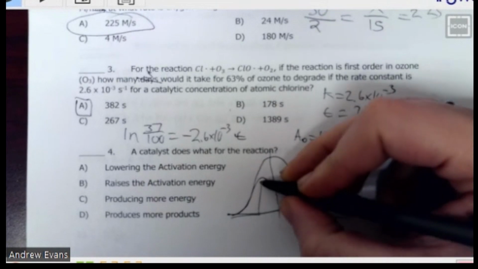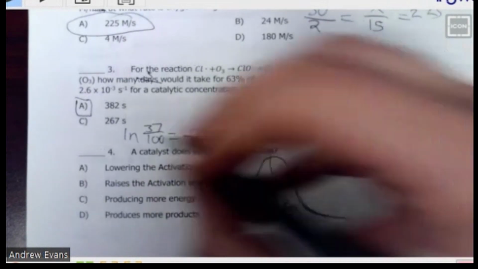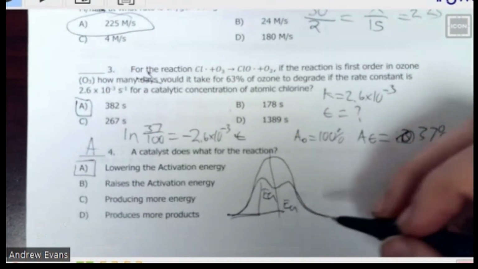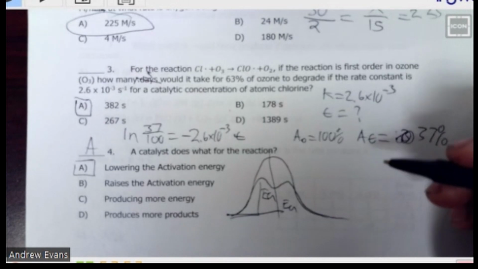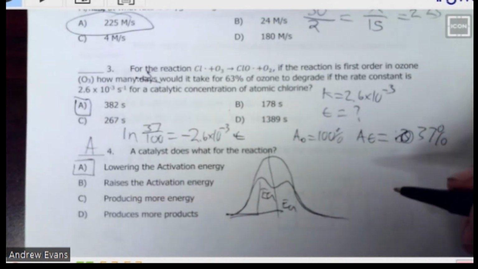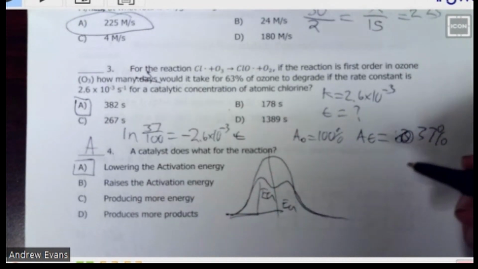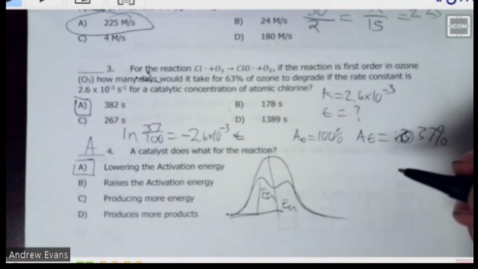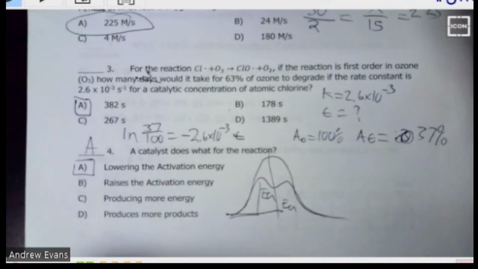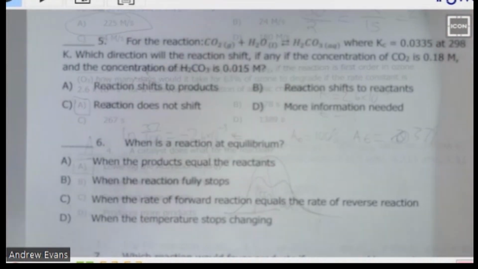Well, it lowers the activation energy, so it takes less energy to react. It doesn't give the molecules more energy, but it lowers the energy barrier, which is the activation energy. It lowers that energy barrier that keeps it from reacting.